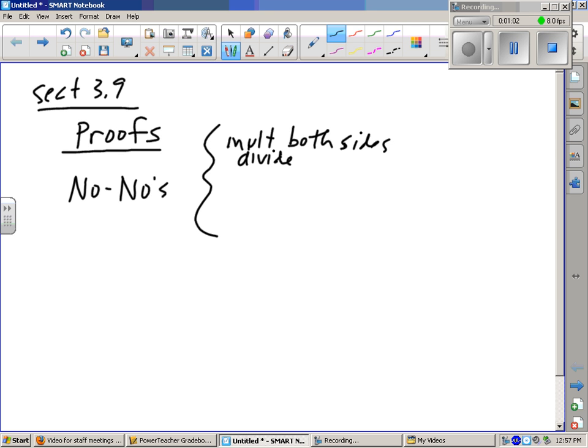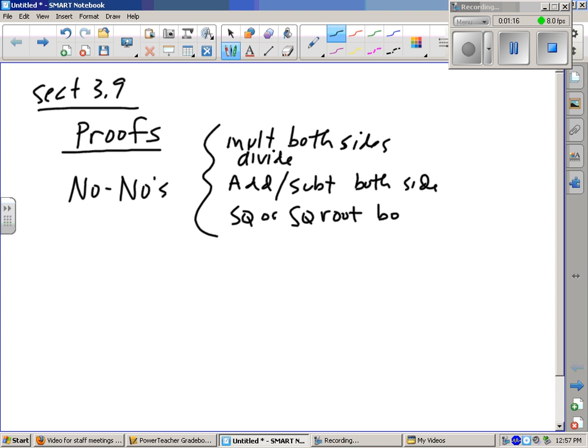Do not divide or multiply both sides. You may not add or subtract to both sides. And you may not square or square root both sides. Okay, those are bad. These are not algebra problems. They are proofs. And you have to prove that one side equals the other.